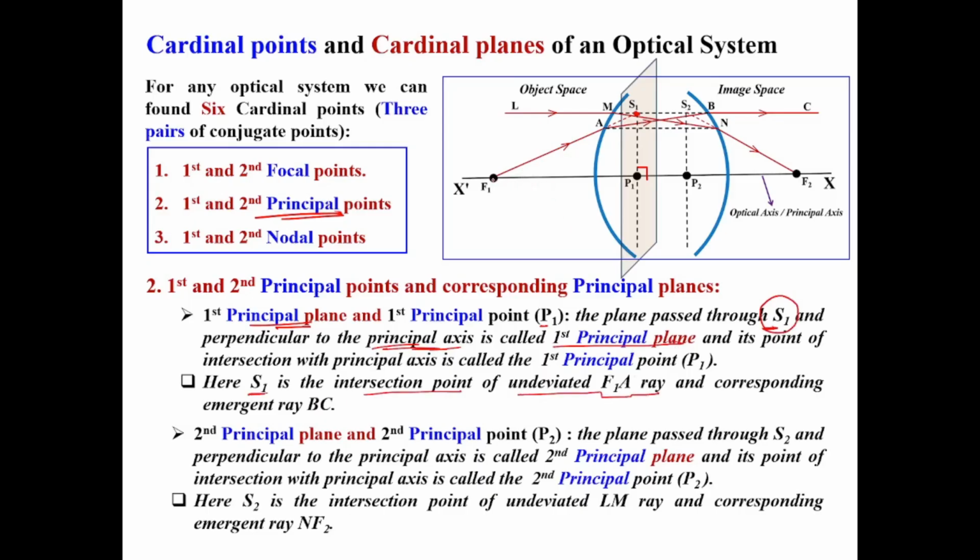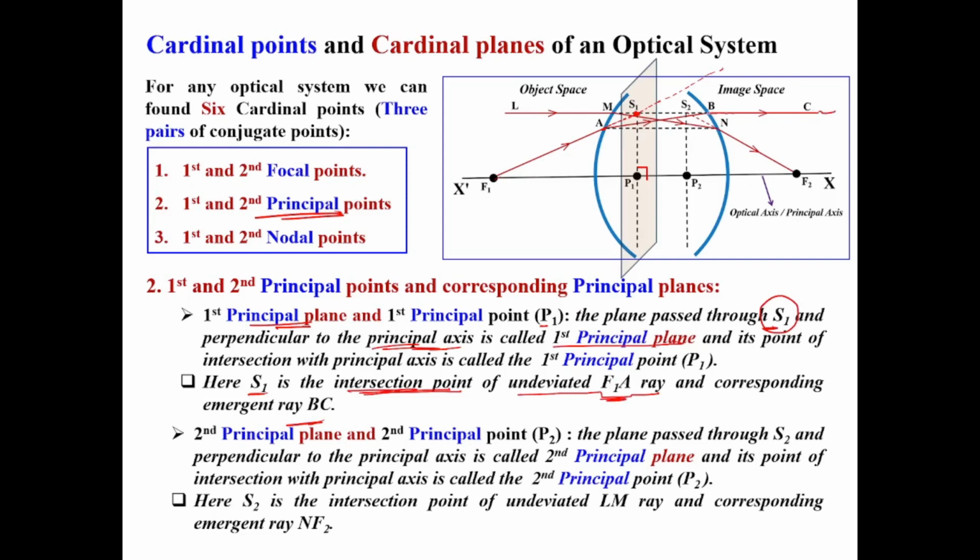and the corresponding emergent ray. The F1 ray means the ray coming out from the first focal point, this one, f1a. If we do not consider the refraction at A, the ray moves undeviated along this way, from A to S1, without refraction or deviation. So the intersection point of the undeviated ray f1a and its corresponding emergent ray BC, this is the BC ray.